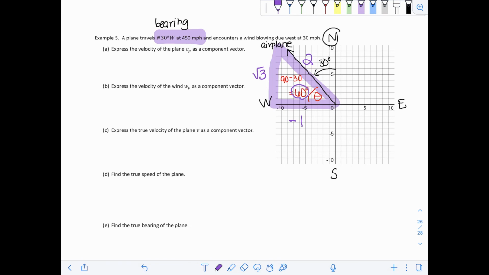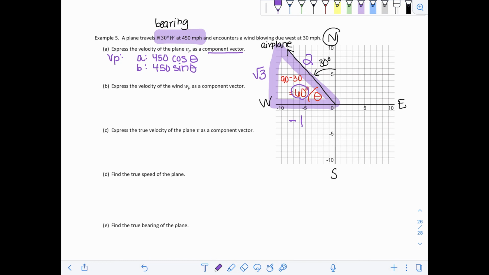If we do something similar to what we did in the last example, but in this case we're doing component vector instead of i and j form, remember that the a value, or the x value, is the magnitude, which in this case is 450 times cosine of our angle theta, and our b value is going to be 450 times sine of theta.